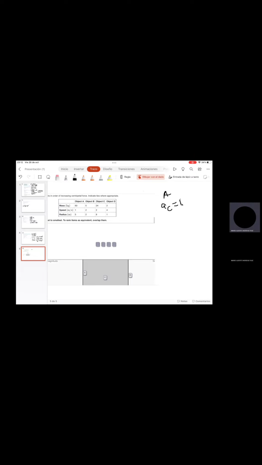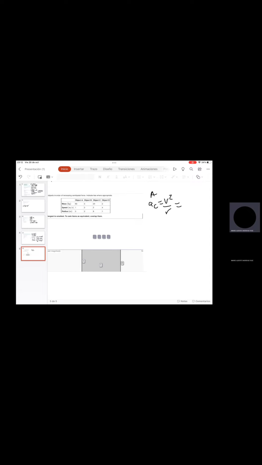With this, we can calculate acceleration, velocity squared over radius, that will be 1 squared over 5, and this will be 0.2, that is the acceleration, times the mass, that in this case is 60. So the force of A will be 12.